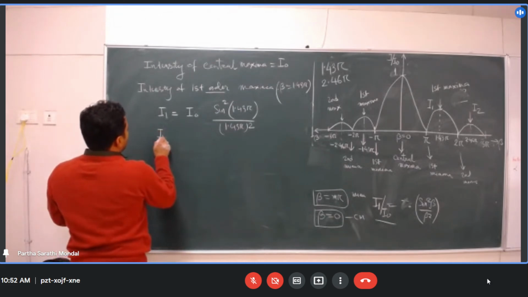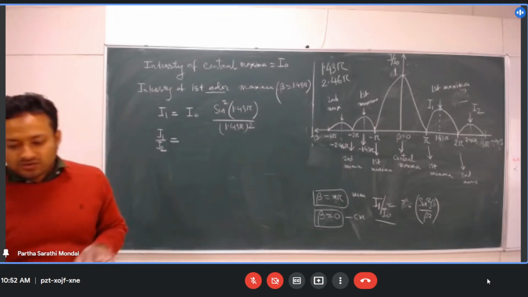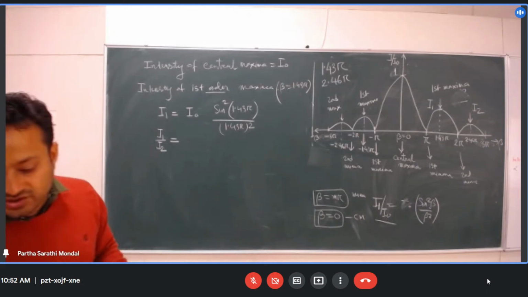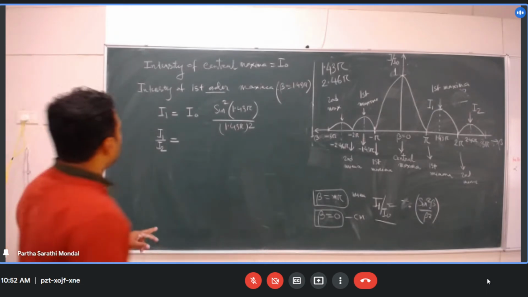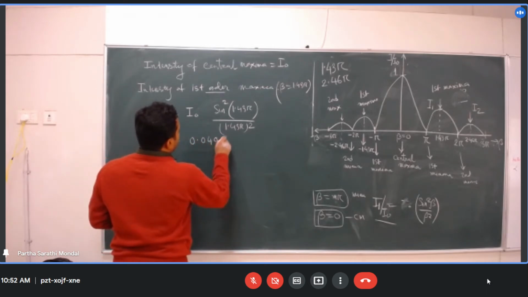So I1 by I0 will give you, I have calculated this and copied it, 0.0496.